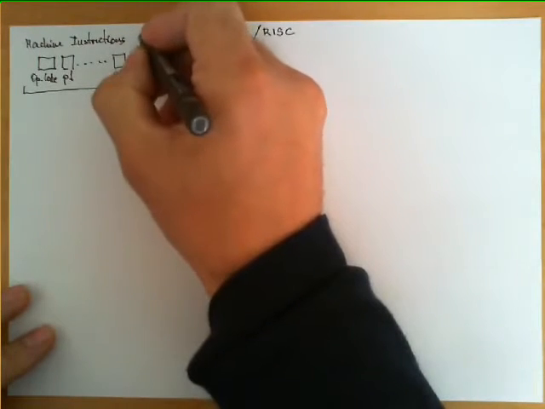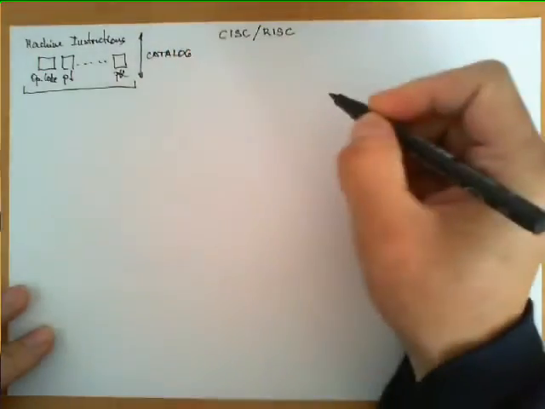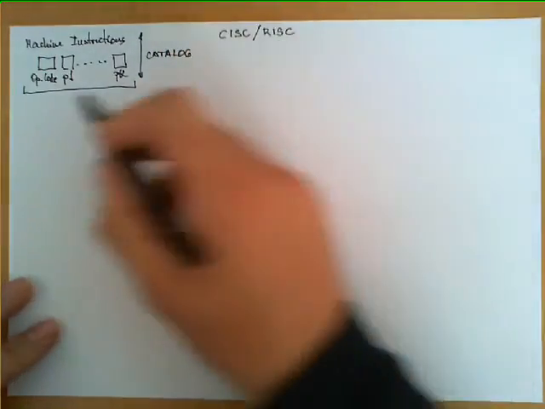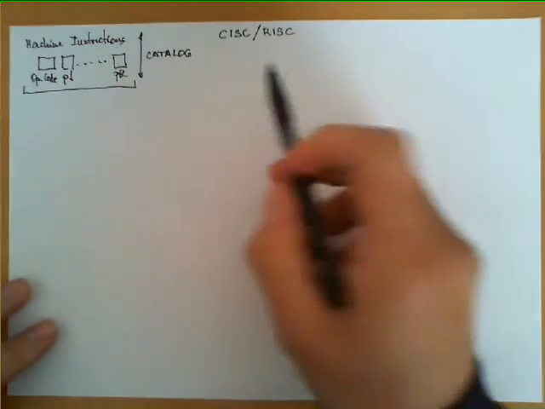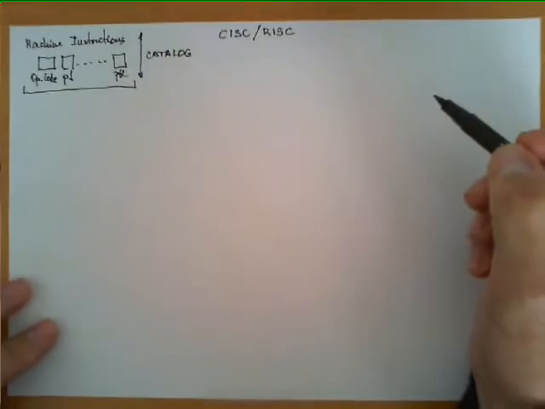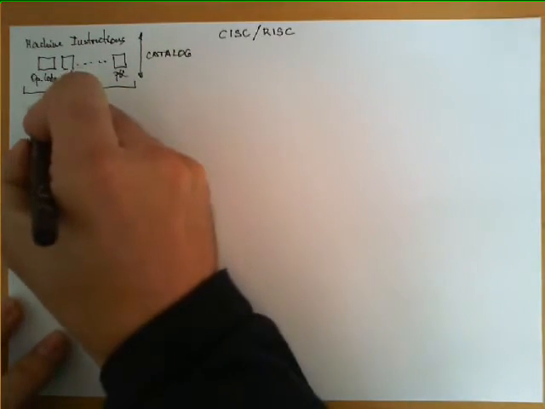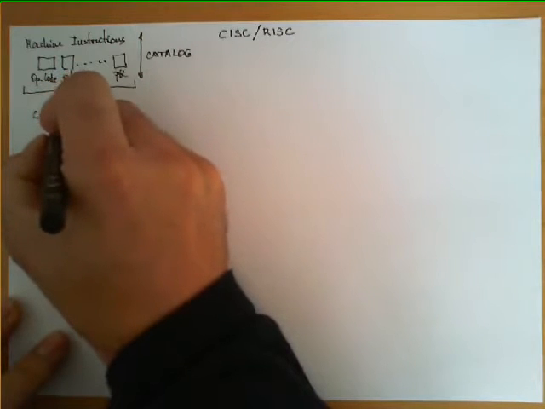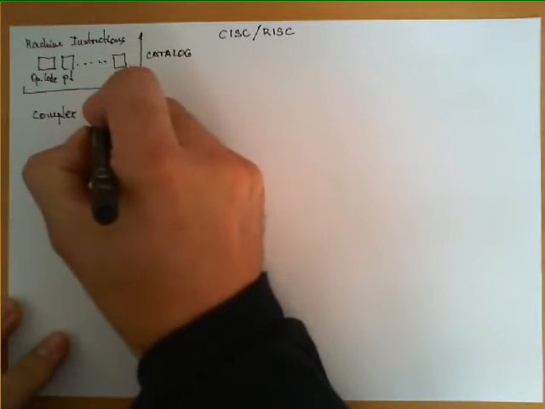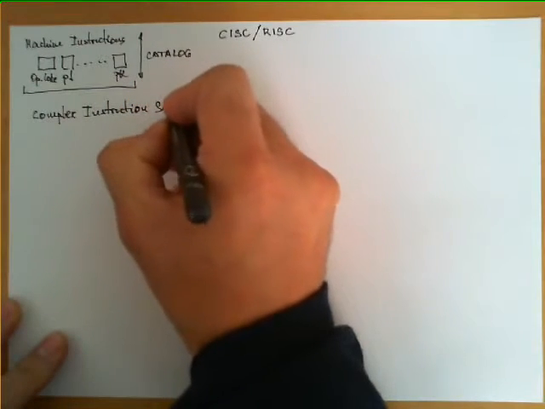But then the question comes, what kind of catalog is offered by the different microprocessors of these instructions to execute? And here is where these two different approaches emerge. The first approach, CISC, is the acronym for Complex Instruction Set Computer.